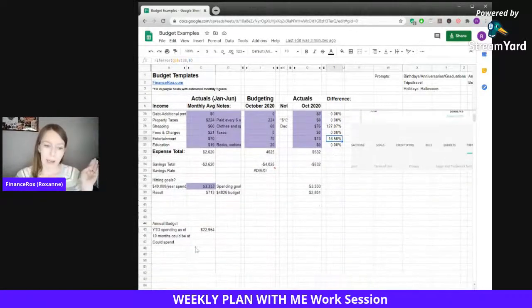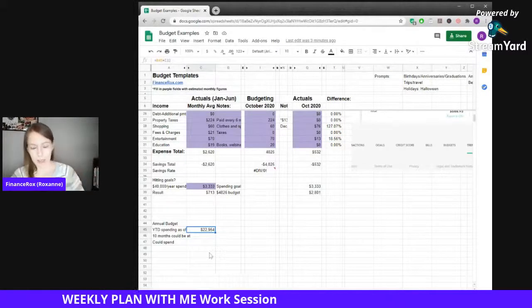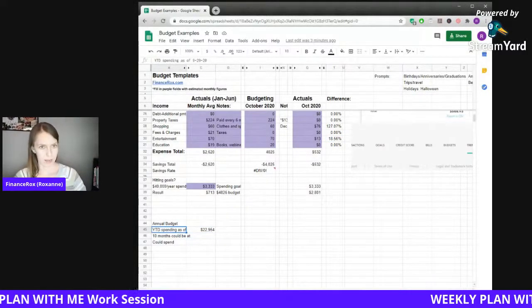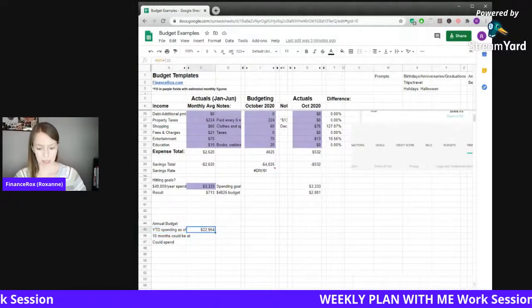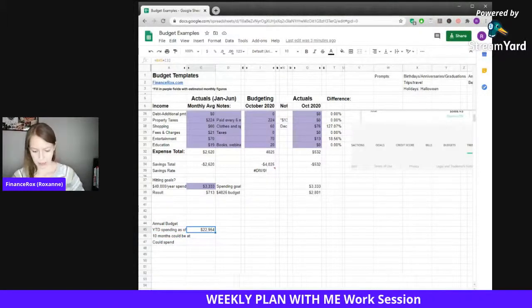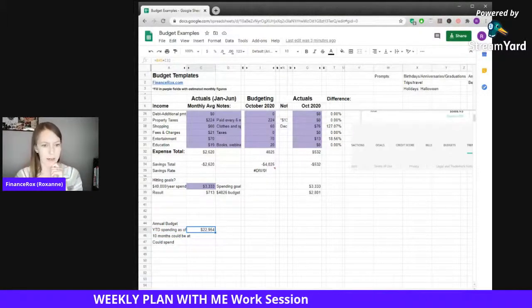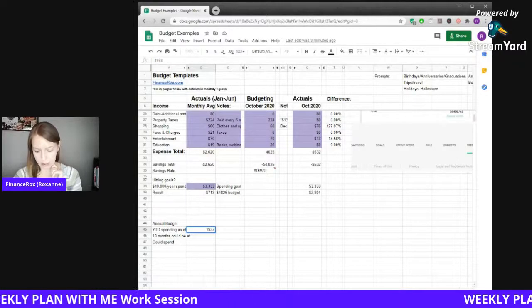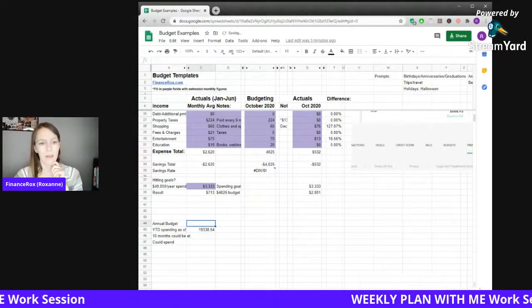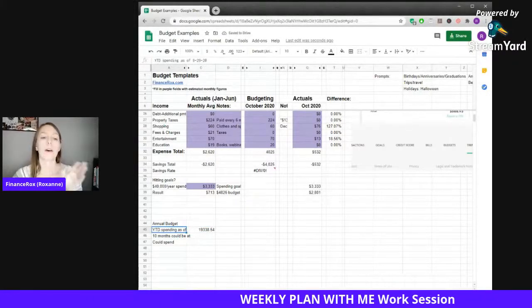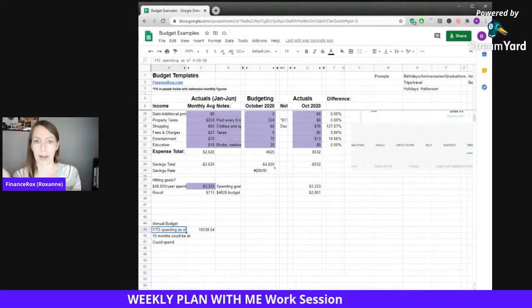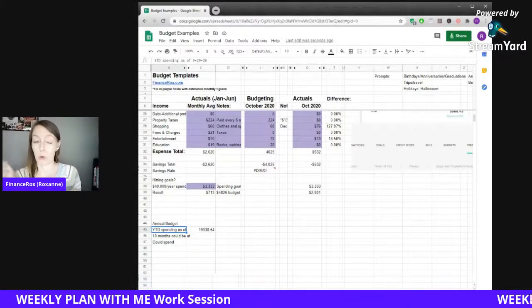We are still way under budget for the year. So year to date, what was that? Year to date spending as of 9/29. I don't think that's correct. So I wrote down that our year to date spending so far is 19,338.54. So maybe that was just an example. Oh, okay. I had updated it to include what I thought October spending would be.